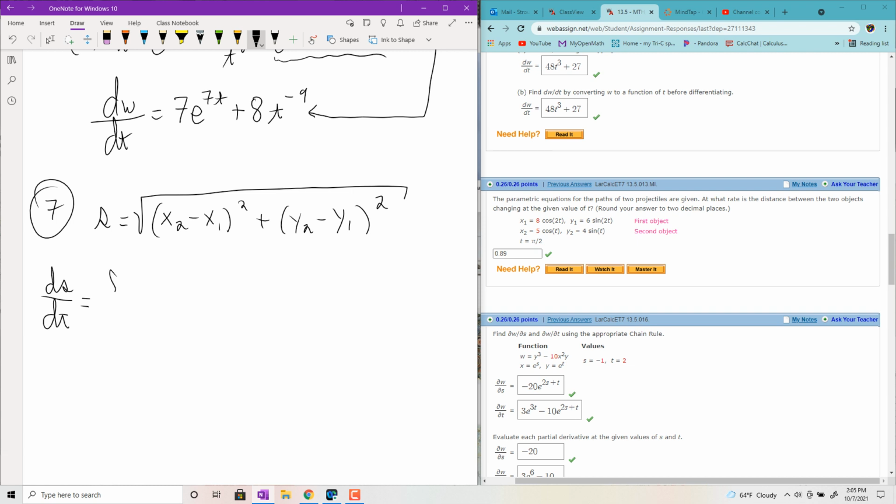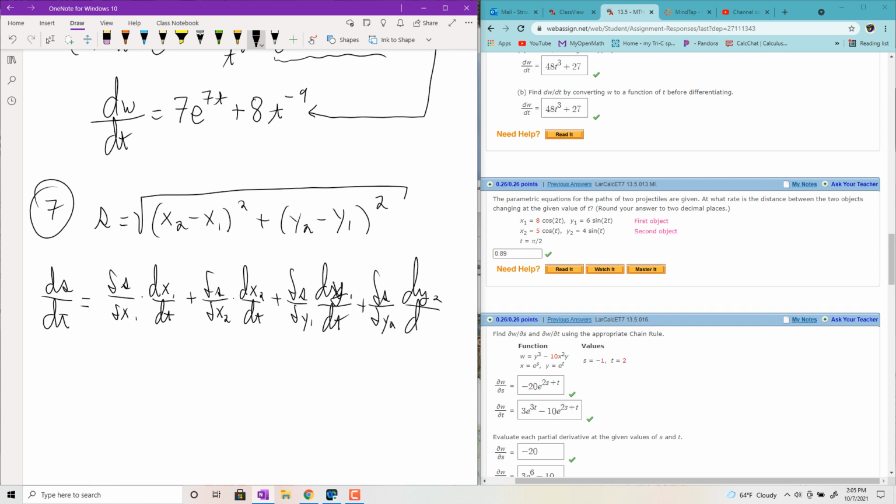So you have first the partial derivative of s with respect to x1 times the derivative of x1 with respect to t, plus the partial of s with respect to x2 times the derivative of x2 with respect to t, plus the partial derivative of s with respect to y1 times the derivative of y1 with respect to t, and then finally plus the partial of s with respect to y2 times the derivative of y2 with respect to t.